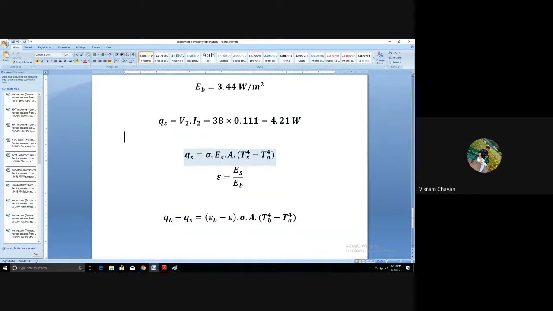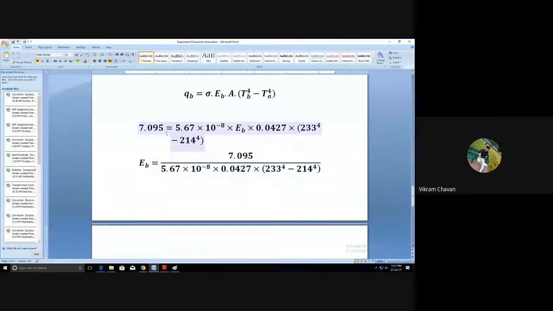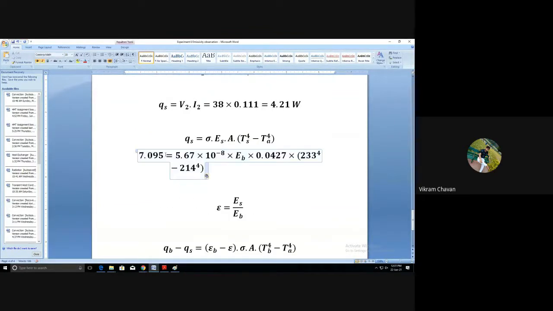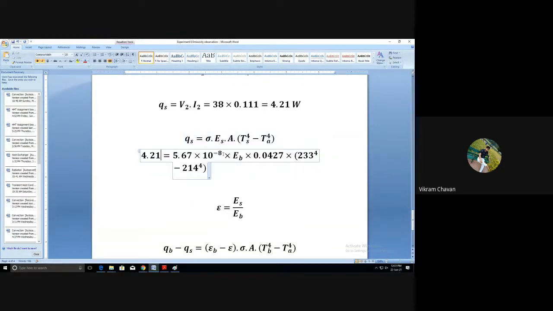Then put in the values. So Q suffix S is equal to sigma multiplied by E suffix S multiplied by area multiplied by TS raised to 4 minus TA raised to 4. So put your values in this particular equation. 4.21 equals 5.67 into E suffix S, multiplied by 0.04, the area stays the same.